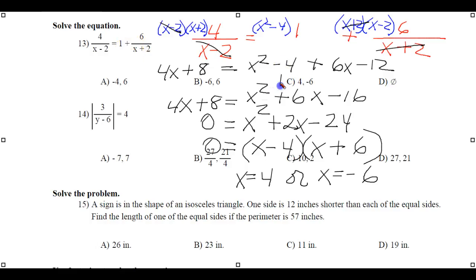And I see it looks like letter C. Here's my answer. Now, if one of the answers happened to come out as a 2 here, then that would not be an answer, because you can't have a denominator that is 0. So if x were 2, 2 minus 2 is 0. Or if it was a plus 2, negative 2, I should say. But here our answers of 4 and negative 6 work out just fine.